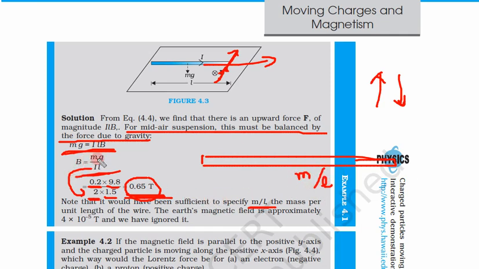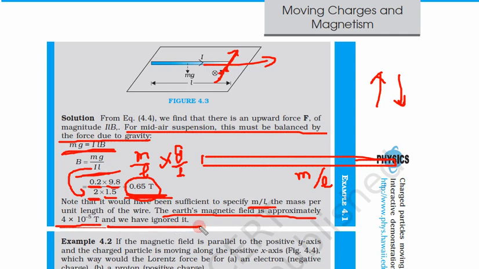Then B is this mass per unit length into g by I. So if the mass per unit length of the wire was given, we can also calculate this magnetic field. The Earth's magnetic field is approximately 4 into 10 to the power minus 5 Tesla, that we have seen. This is very low, so definitely this magnetic field is very high in comparison to that. That's why we ignored Earth's magnetic field.